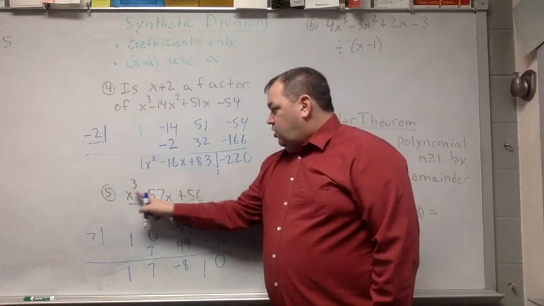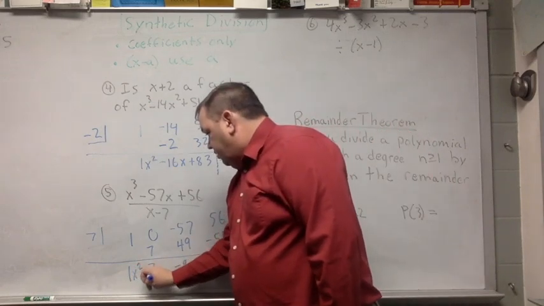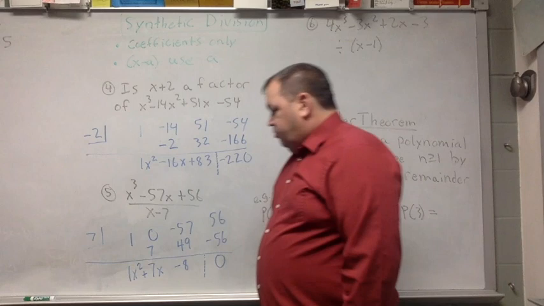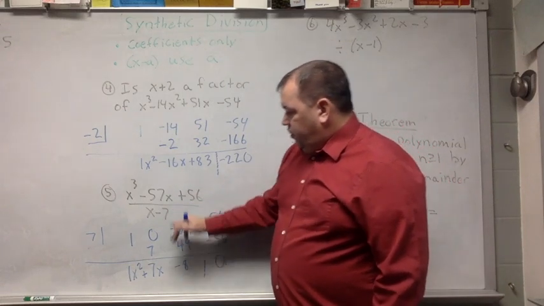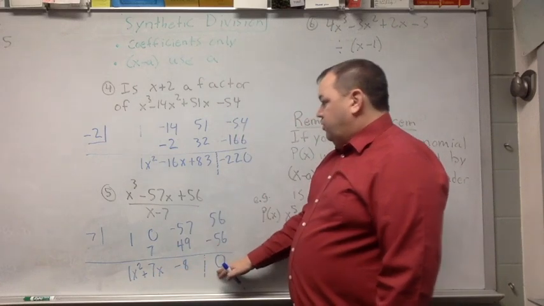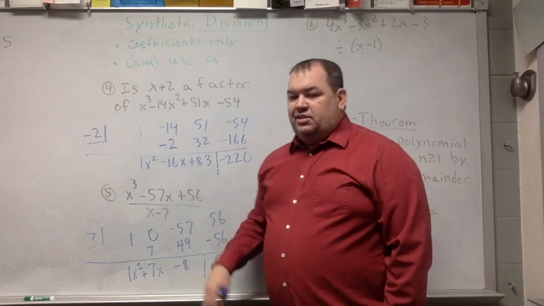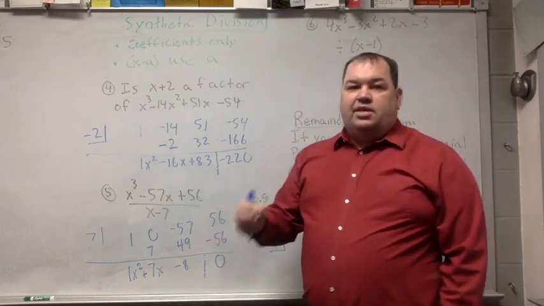I started with a cubic. Now I'm going to be down to a quadratic. So I put my variables back in. So when I take this cubic divided by that linear, I get x squared plus 7x minus 8, and no remainder. That tells me x minus 7 is a factor, and this is the other factor.